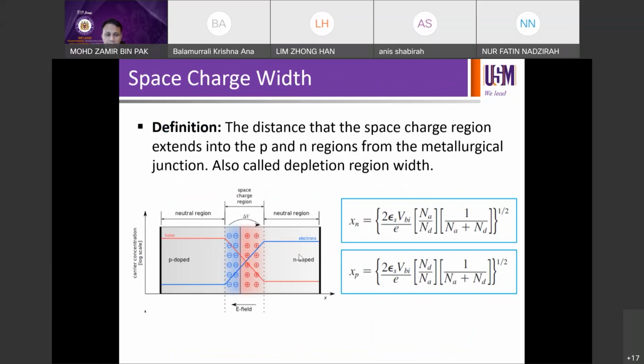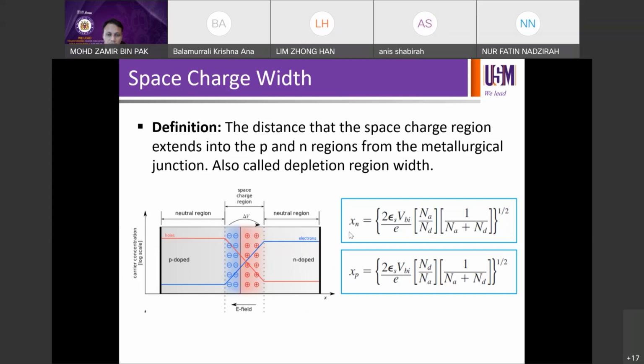Okay, and then you have the depletion region width. So this depletion region width is given by the width of depletion region into the n-type material to the right, and depletion region into the p-type material.